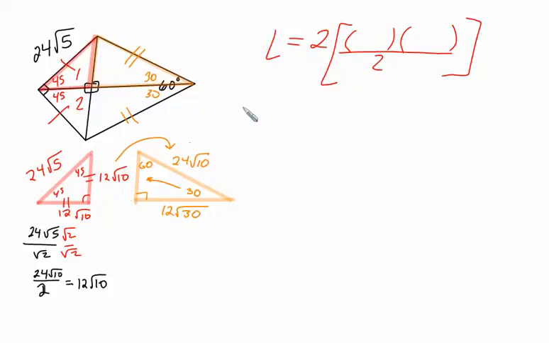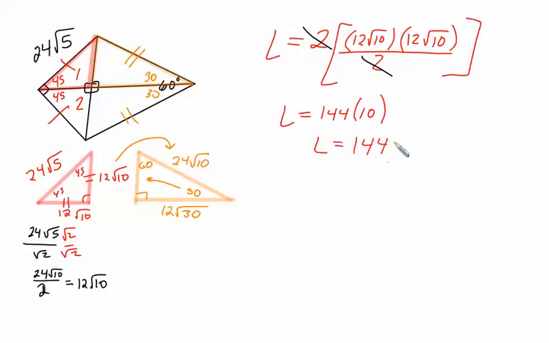Notice its base and height are both 12 radical 10. So we're going to have 12 radical 10 times 12 radical 10, over 2. Look at this. Notice that the 2's cancel. That's typically going to happen with a kite. 12 times 12 is 144. Radical 10 times radical 10 is just 10. So on the left-hand side of our kite, the area is 1440.